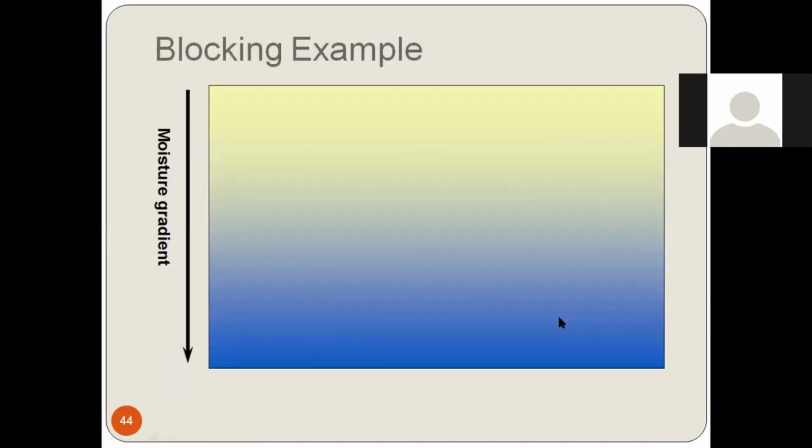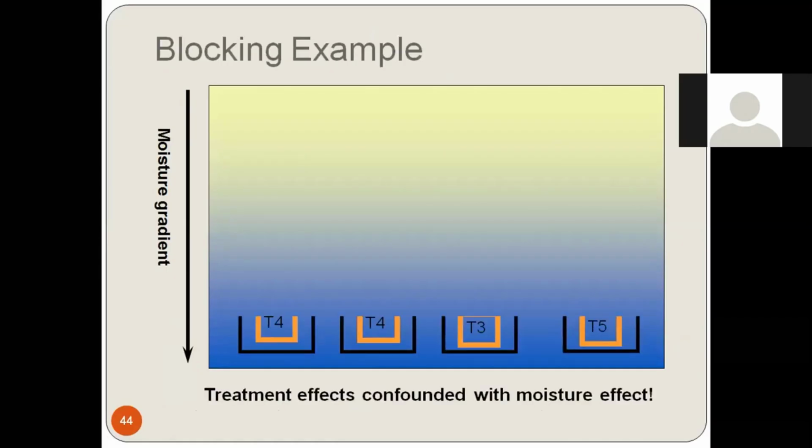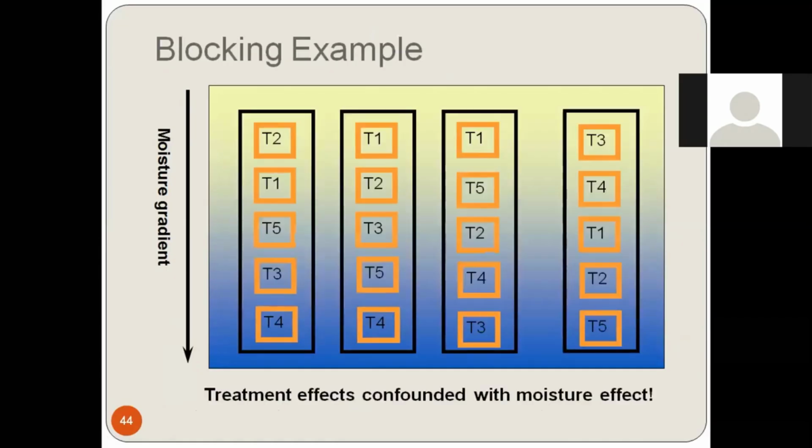Right. Now, an example of blocking. Moisture gradient. If you have a moisture gradient, can somebody tell me whether this blocking is correct? This is a single block. This is block 1, this is block 2, block 3, and so on.